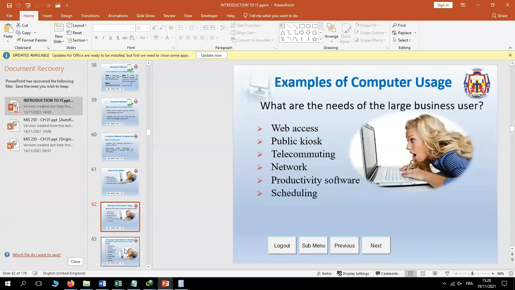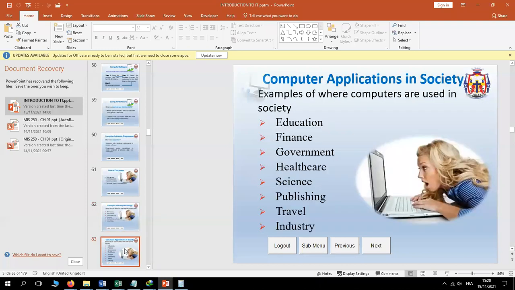Then how we can use computers: we can apply computers virtually in each and every angle of our lives. For example, right now we are learning, so in education we can use computers, and anywhere else you can think of. They have become part of our day-to-day life.